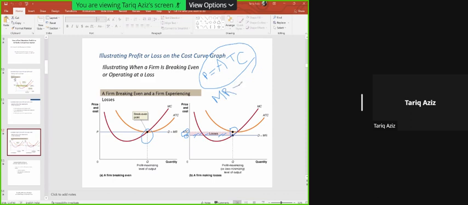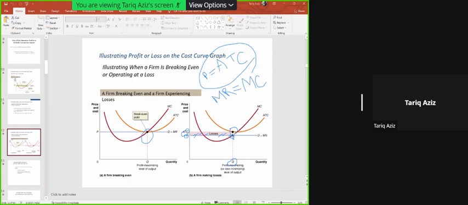This is the optimal point. Optimal point means this is the quantity that will produce maximum profit for the firm. So this is the quantity Q. If we draw a line from the intersection of MR and MC, MR is this, MC is this curve, MC is cutting MR at this point. So this is the point.